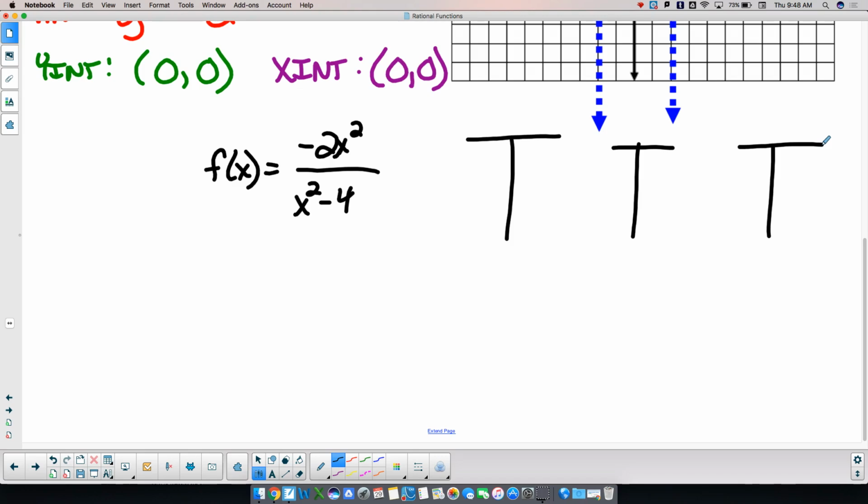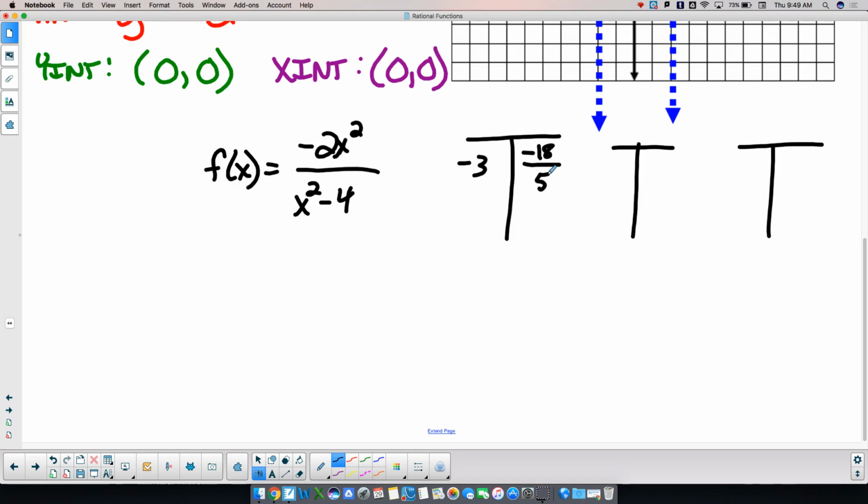Okay? So if I put in negative 3 here, on top I got 9 times negative 2 is negative 18. On the bottom I get 9 minus 4, which is 5.